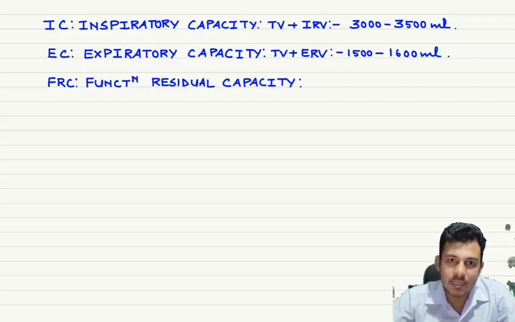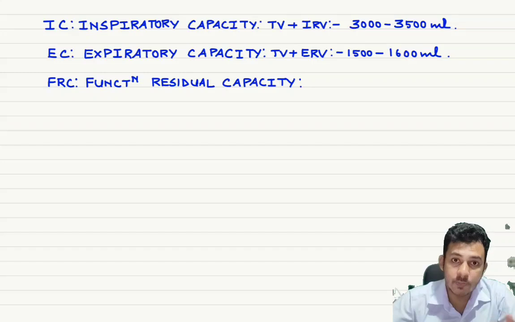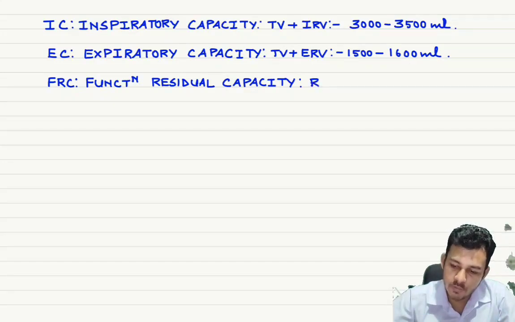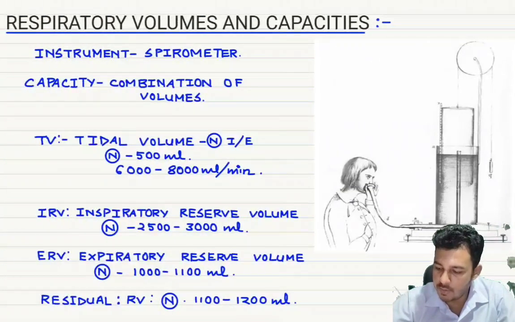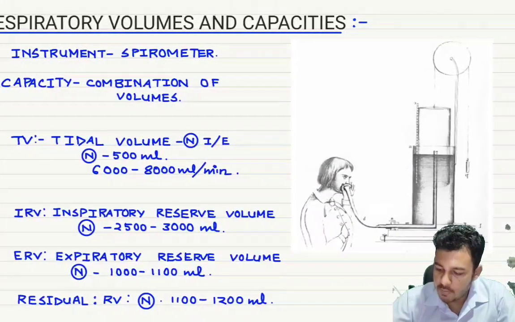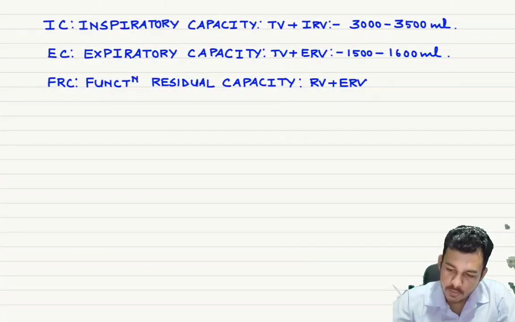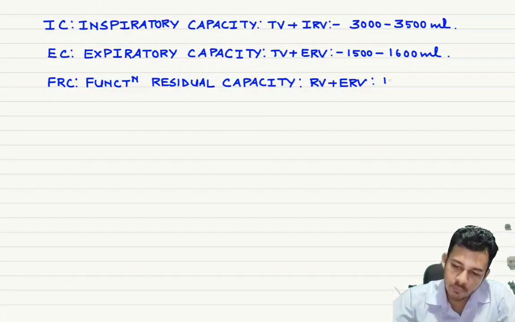It is basically residual volume plus the expiratory reserve volume. Expiratory reserve volume, you know, is 1000 to 1100 ml, and the residual volume is again 1100 to 1200 ml. So the amount of the normal functional residual capacity would come out to be something in the range of 2100 to 2300 ml.